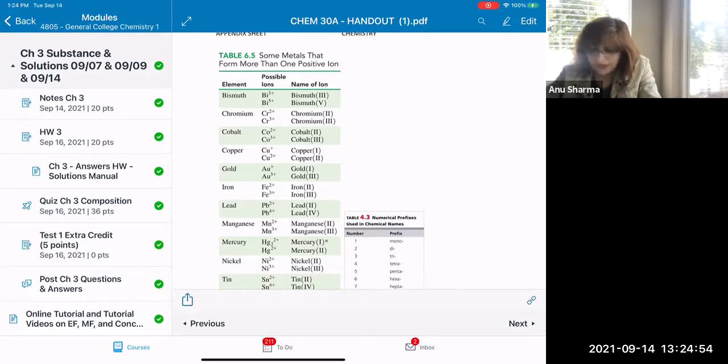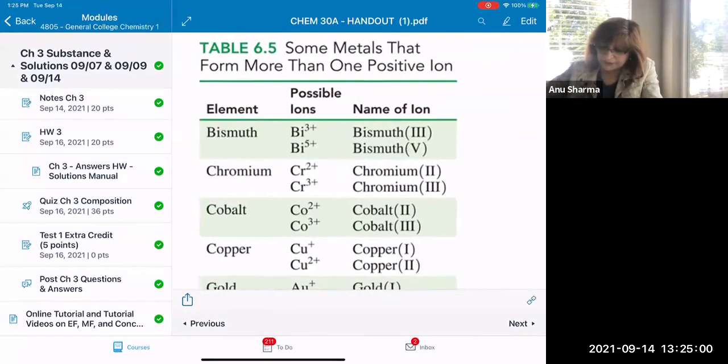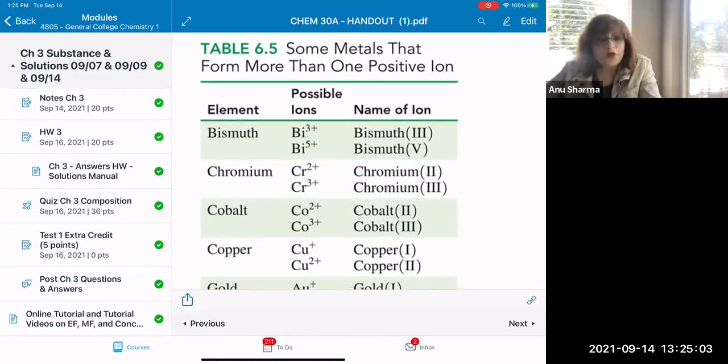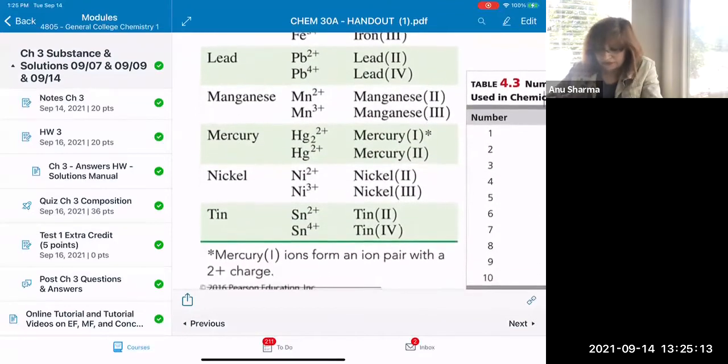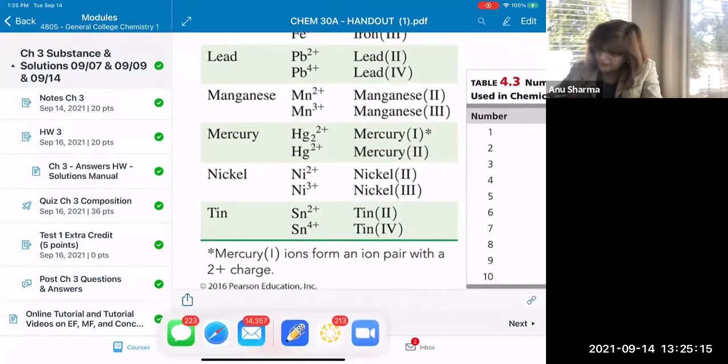So here we have table 6.5. In that table, we will see elements such as bismuth. Bismuth can form more than one type of positive charge, +3 and +5. Similarly, chromium, cobalt, copper, gold, iron, lead, manganese, mercury, nickel, tin, and there are more.